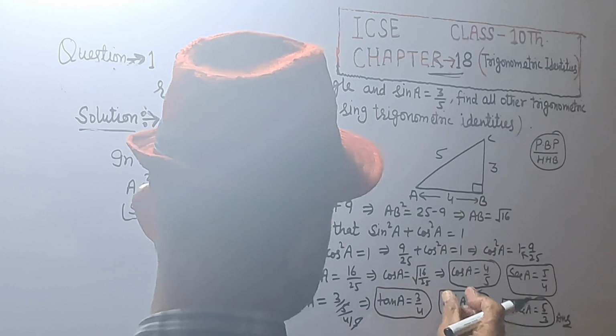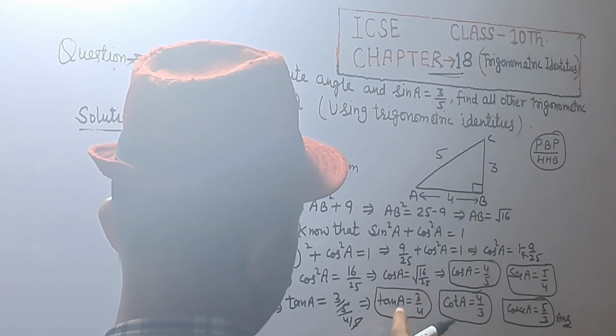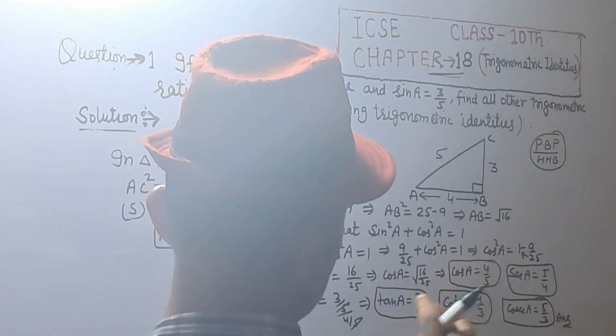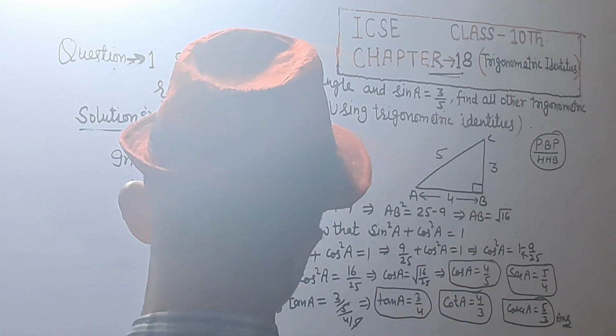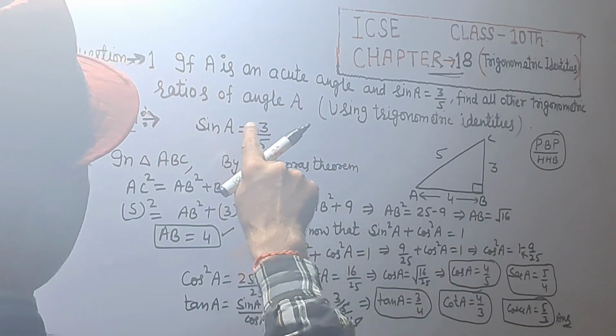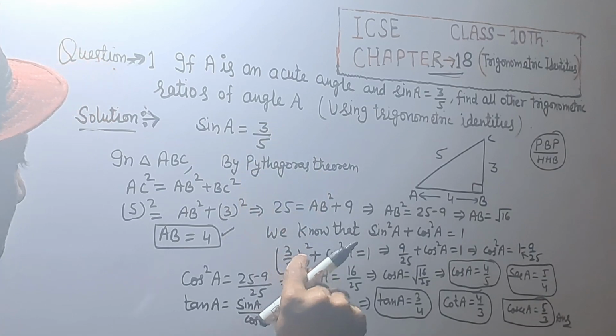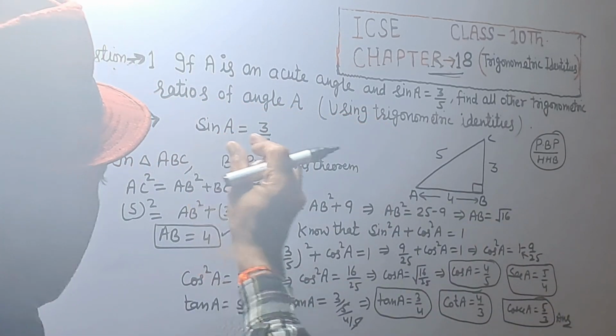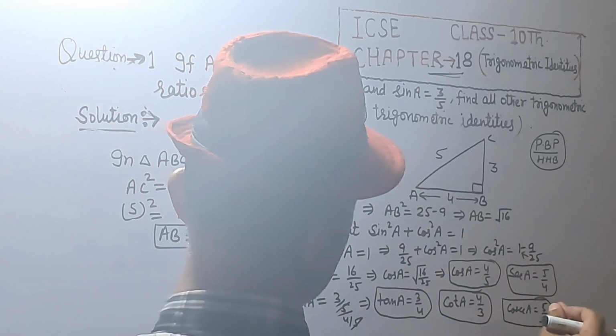So cot A is reciprocal of tan A, that is 4 upon 3. And sin A is given, that is 3 upon 5. Cosecant A is reciprocal of sin A, that is 5 upon 3.